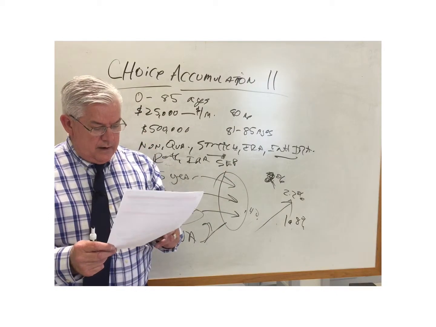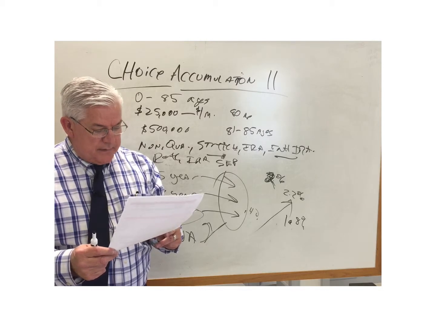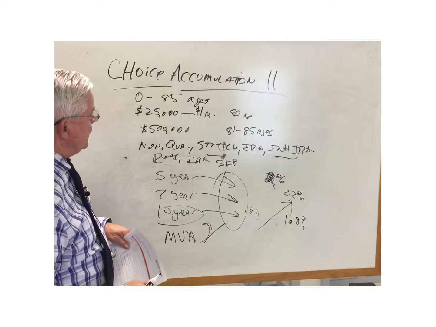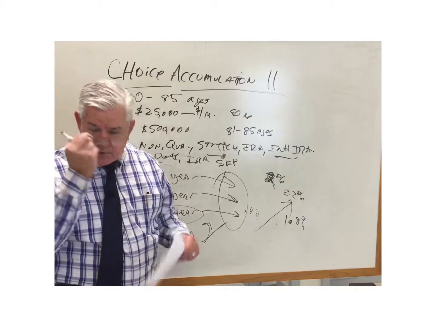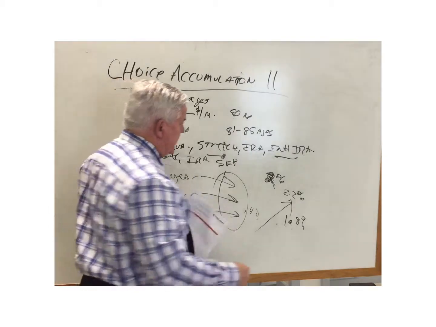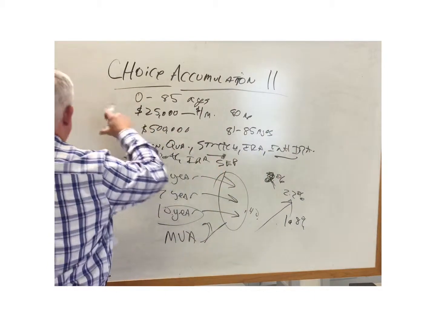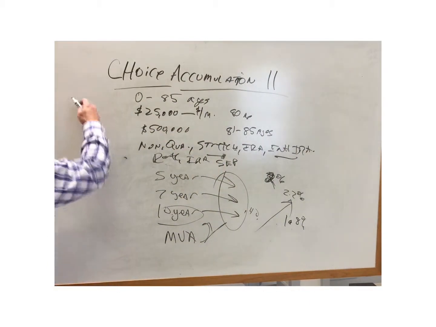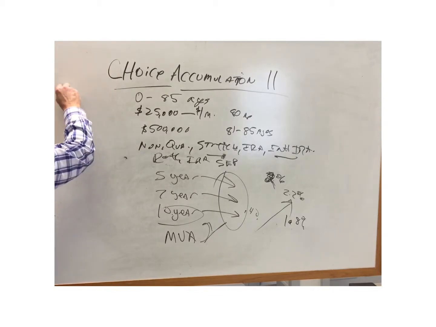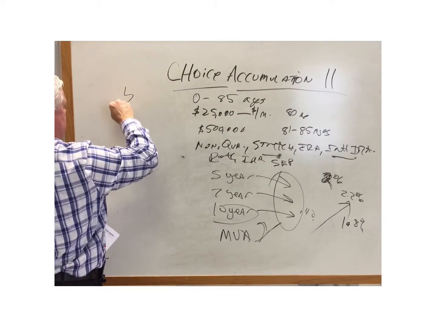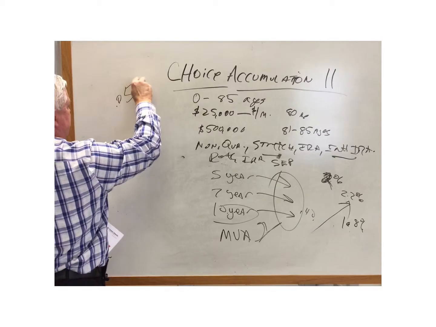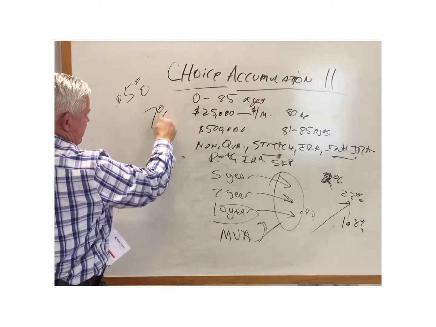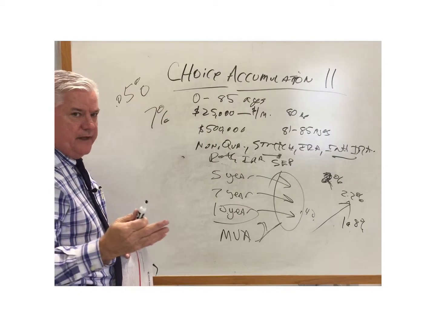Okay, now on the death benefit with the choice accumulation product 2, there's 2 different ways you can do it. You can do a fee or no fee. Okay, so if you do a fee death benefit, they have a 0.05% charge for it, but you get a 7% increase on the death benefit.